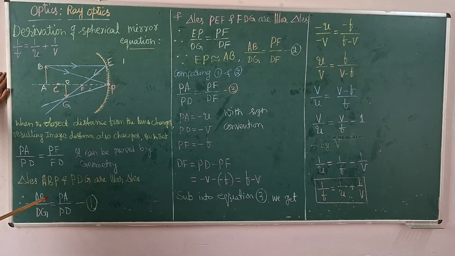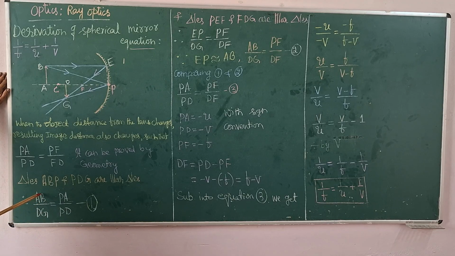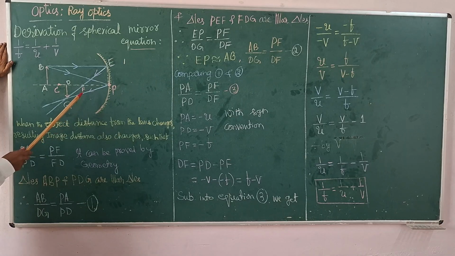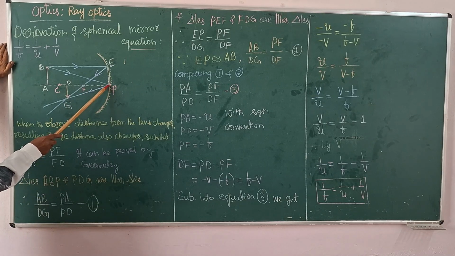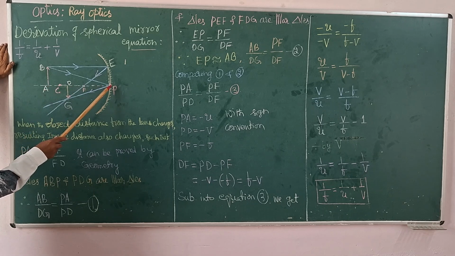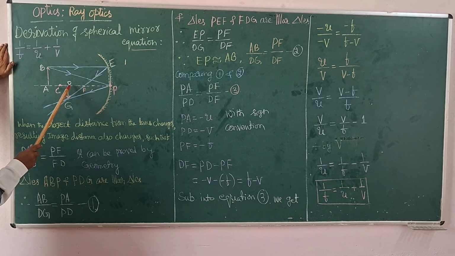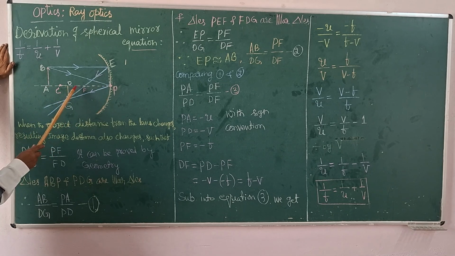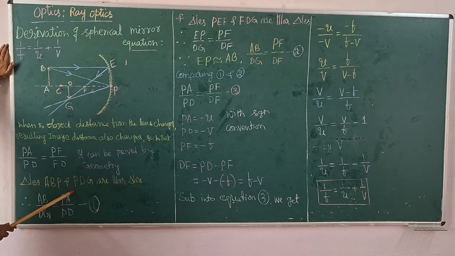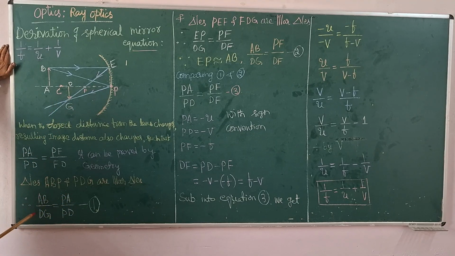The ratio of the corresponding sides, and the other corresponding sides, that is PA. I am taking this side as one side and the corresponding side of the other triangle as PD. The ratio of these sides, this is called the ratio. These ratios are also equal.